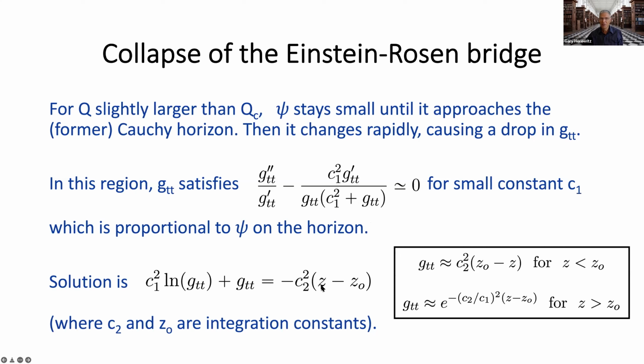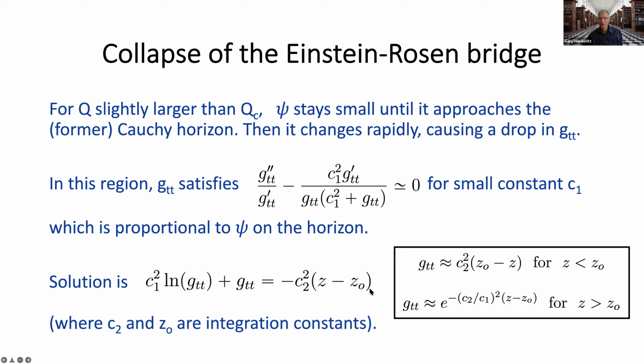Now Z0 is going to be some value close to the former Cauchy horizon. If Z is less than Z0, the right-hand side is positive, and the solution is dominated by this second term. And so GTT just goes to 0 linearly, like Z0 minus Z.